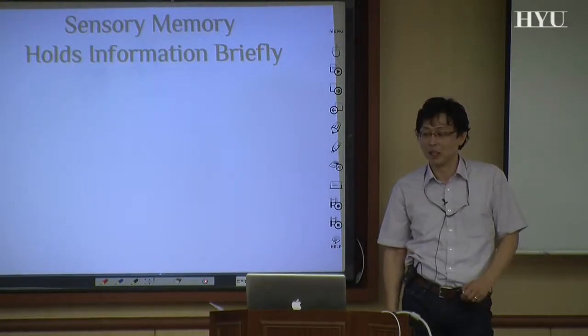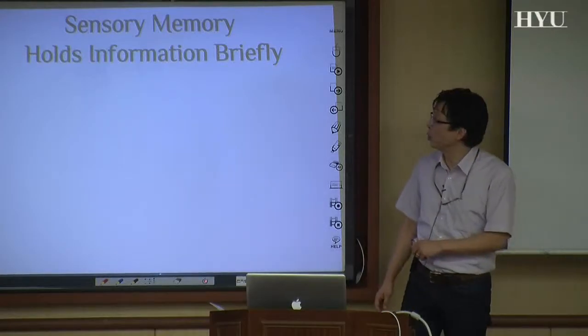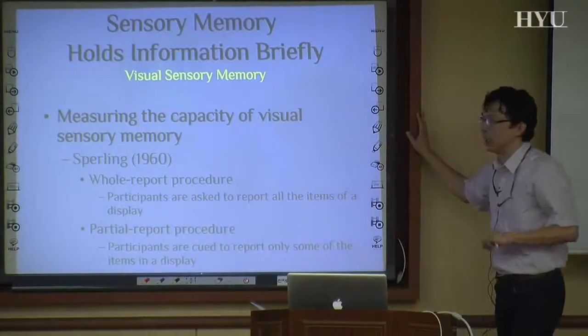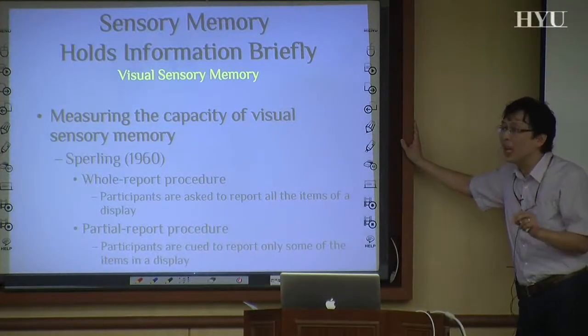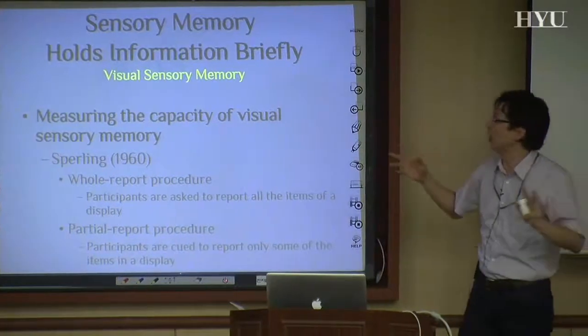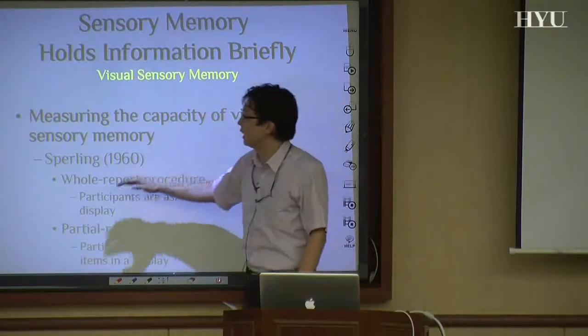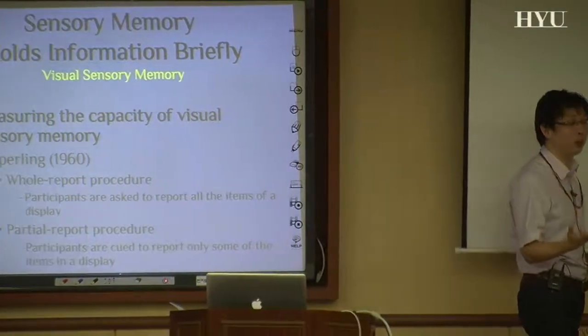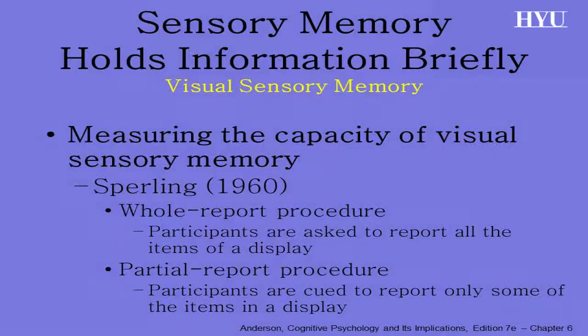But the most important experiment about visual sensory memory, the existence of visual memory and its duration, was done by Sperling's experiment in 1960. That is the most important experiment to identify visual sensory memory.